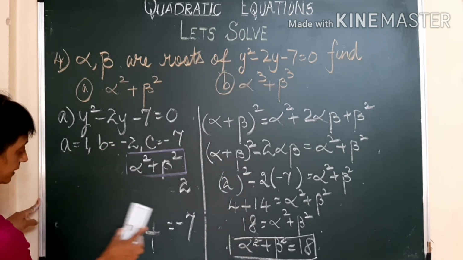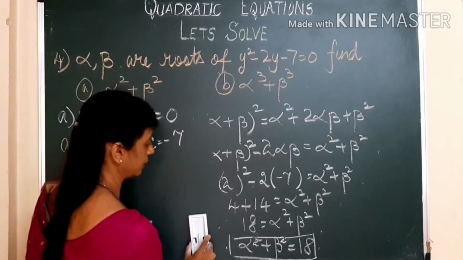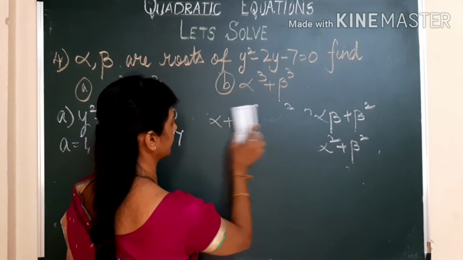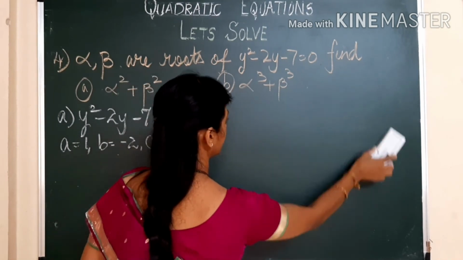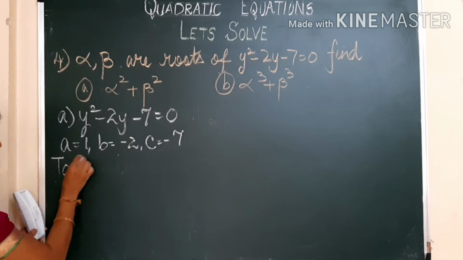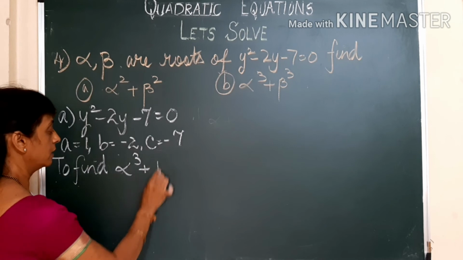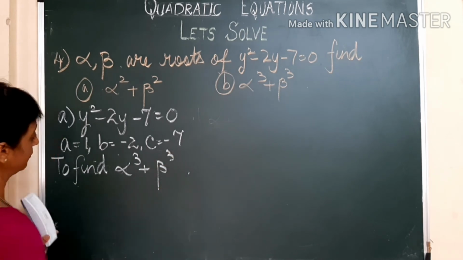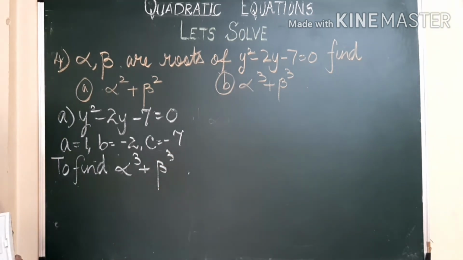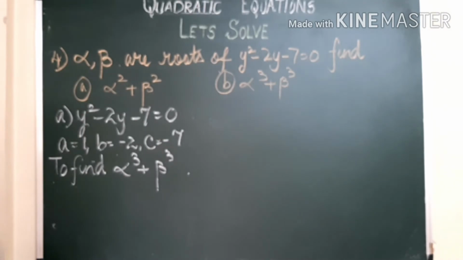Now we have to find out the value of alpha cube plus beta cube. Once again, children, instead of A cube plus B cube, it is just written as alpha cube plus beta cube.